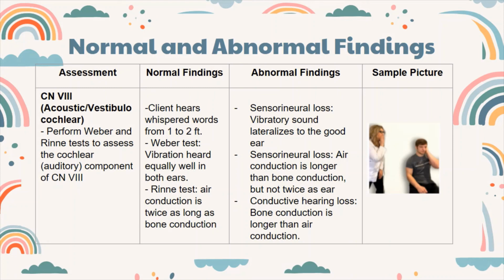For abnormal findings, sensorineural loss, so vibratory sound lateralized on the good ear, while air conduction is longer than bone conduction but not twice as long, while conductive hearing loss, bone conduction is longer than air conduction. So presented on your screen are sample pictures of the whisper test.